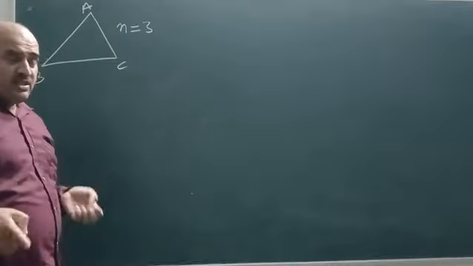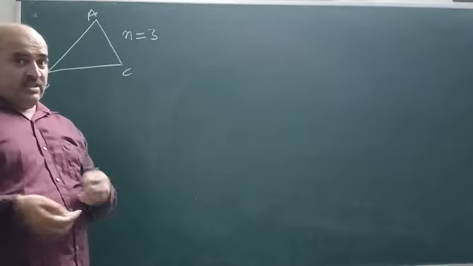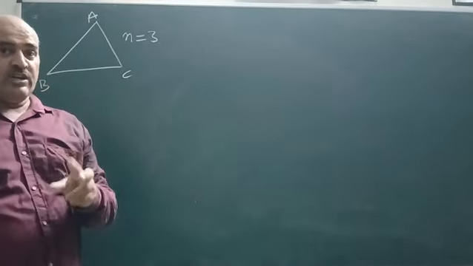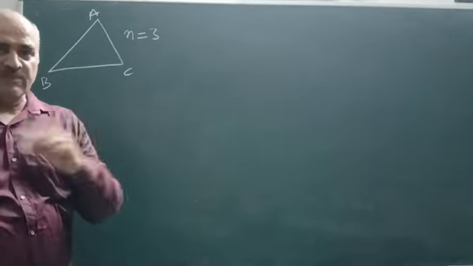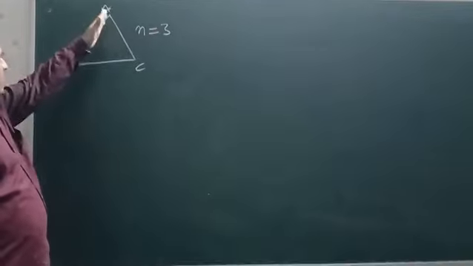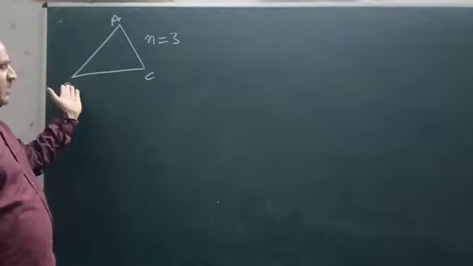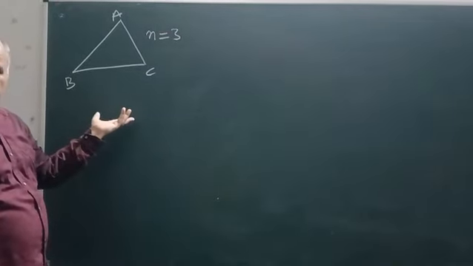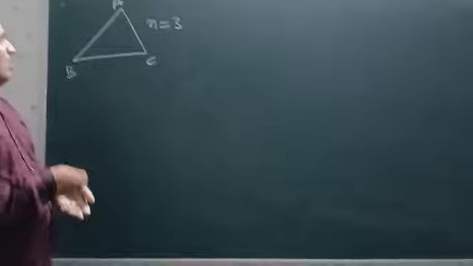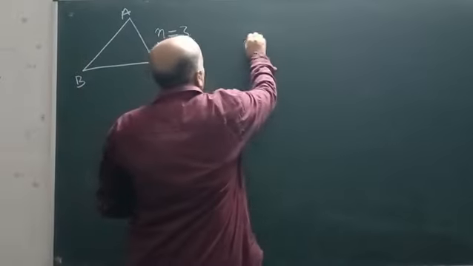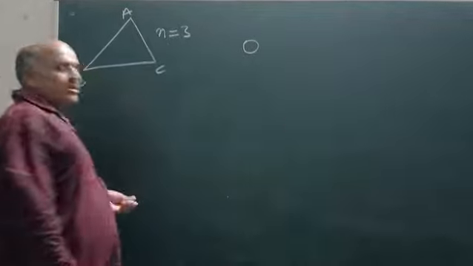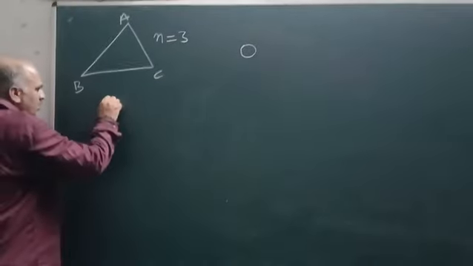A diagonal is a line segment which joins a pair of non-adjacent vertices. As you see, there is no pair of non-adjacent vertices, so the number of diagonals is 0. Now let us draw a quadrilateral.